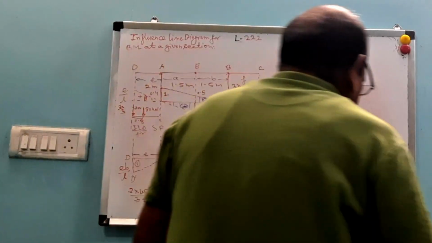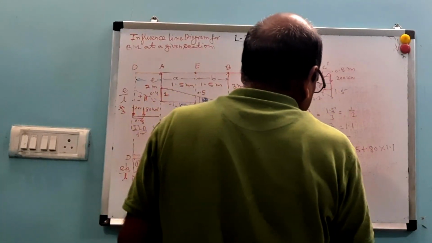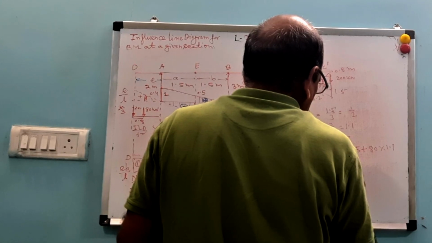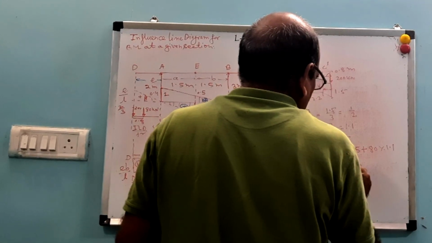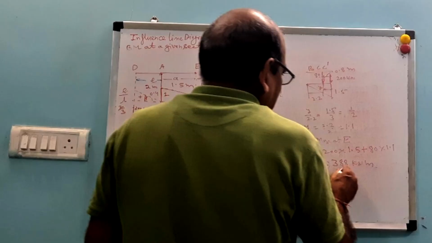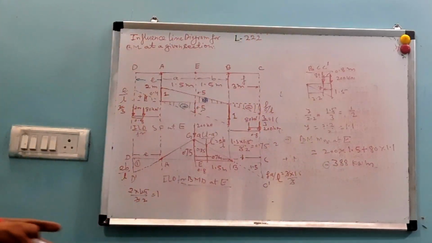This gives you 388. So this is 388 negative kilonewton meter. This is your answer for this type of problem.